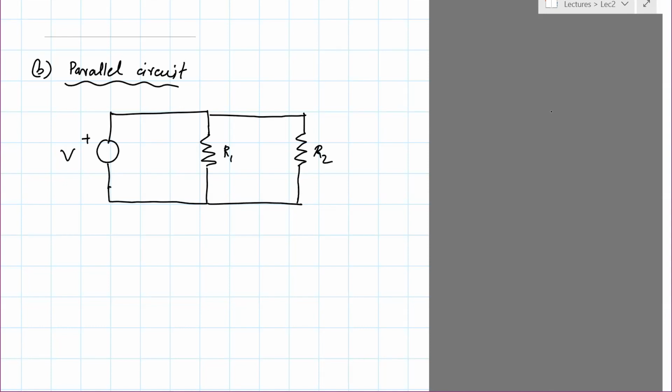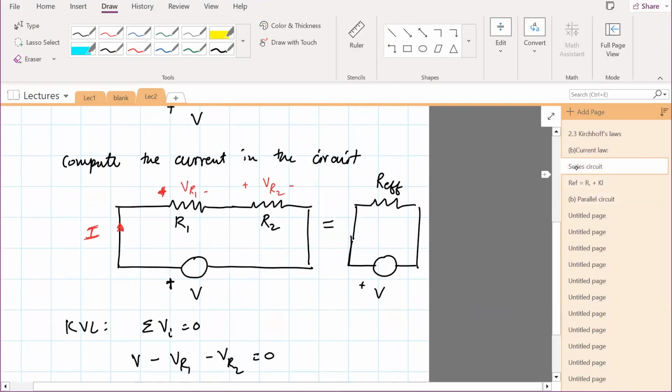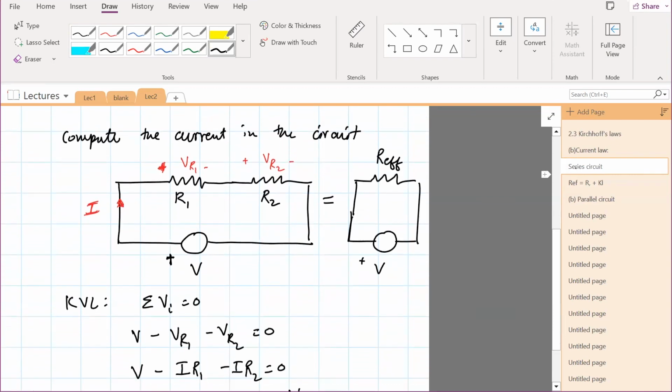Here this is in parallel because of the way it's drawn. But the way to think about this is that they actually have the same voltage applied to them. So R1 has voltage V, and R2 has the same voltage V. If you compare this against the first circuit, the series circuit, you'll see that the voltages are not the same, right? The voltage across these two ends is not V because there is R2.